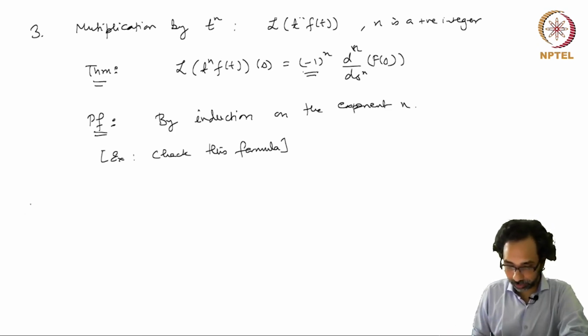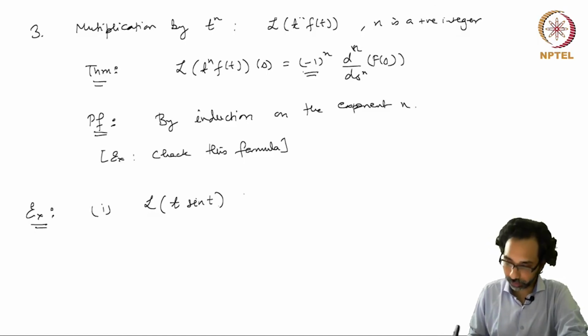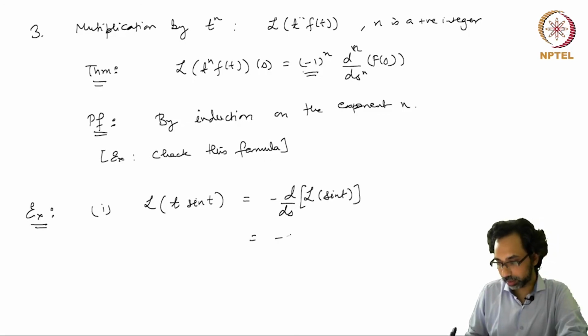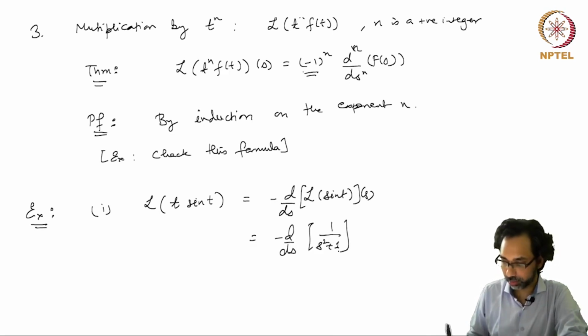So let us see an example. First let's consider the Laplace transform of t sin t. From our previous property, this is minus the derivative of the Laplace transform of sin t, and we already know what that is: at s we have 1/(s^2+1).